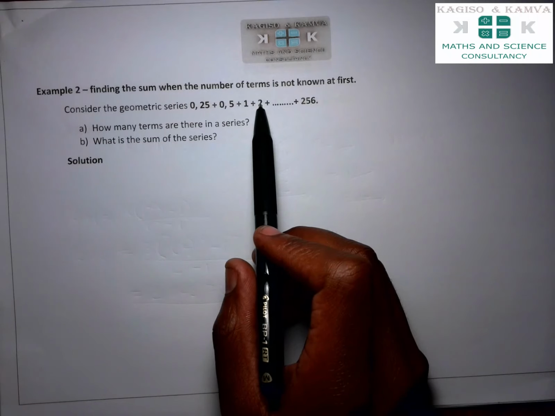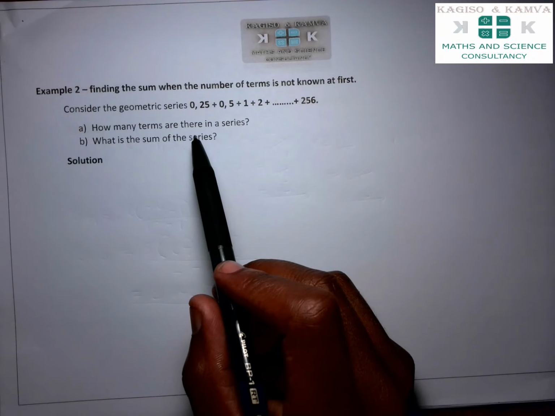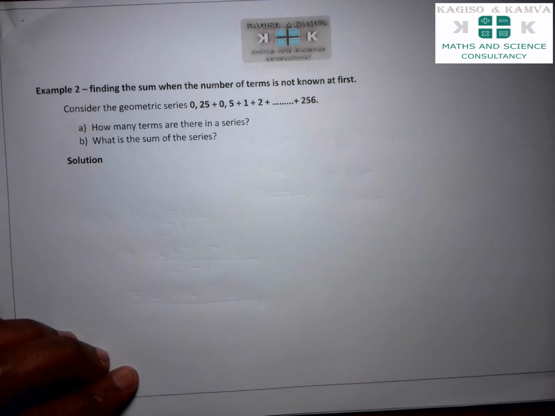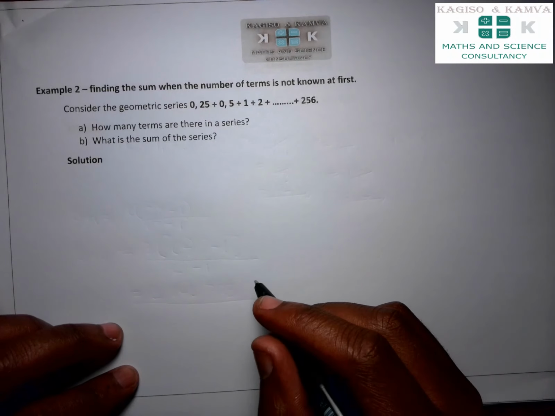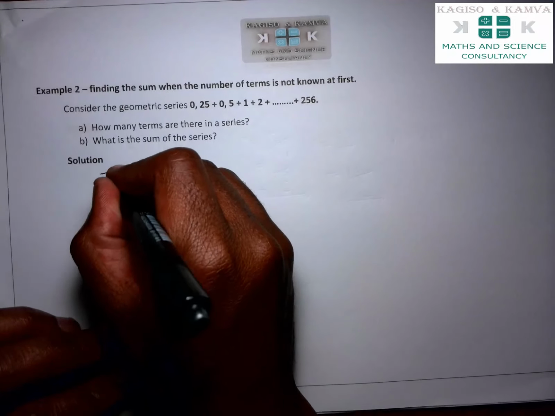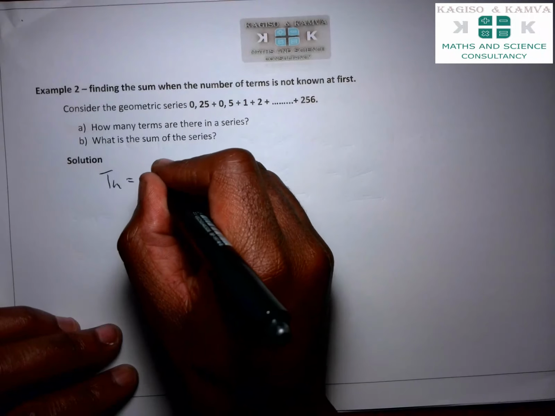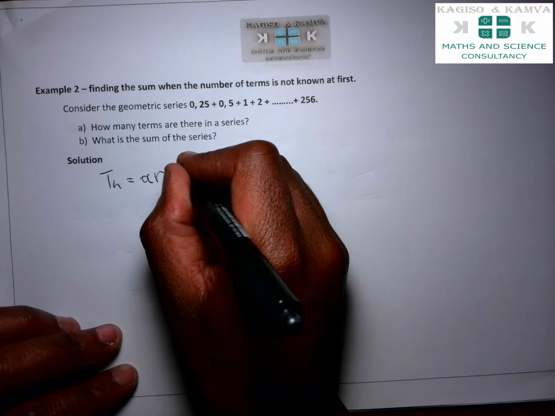If you want to find the number of terms, we'll start by using the general term equation. That will be Tn is equal to a times r to the n minus 1.